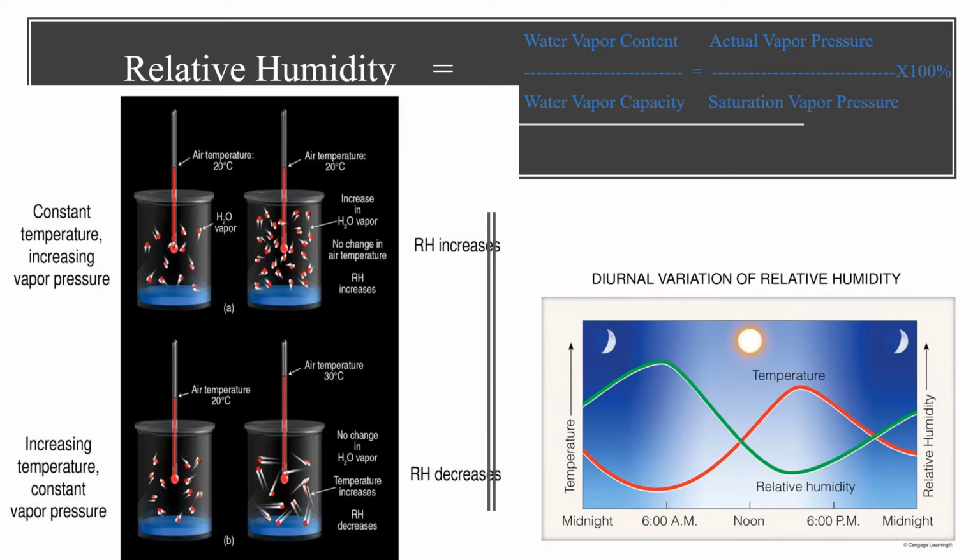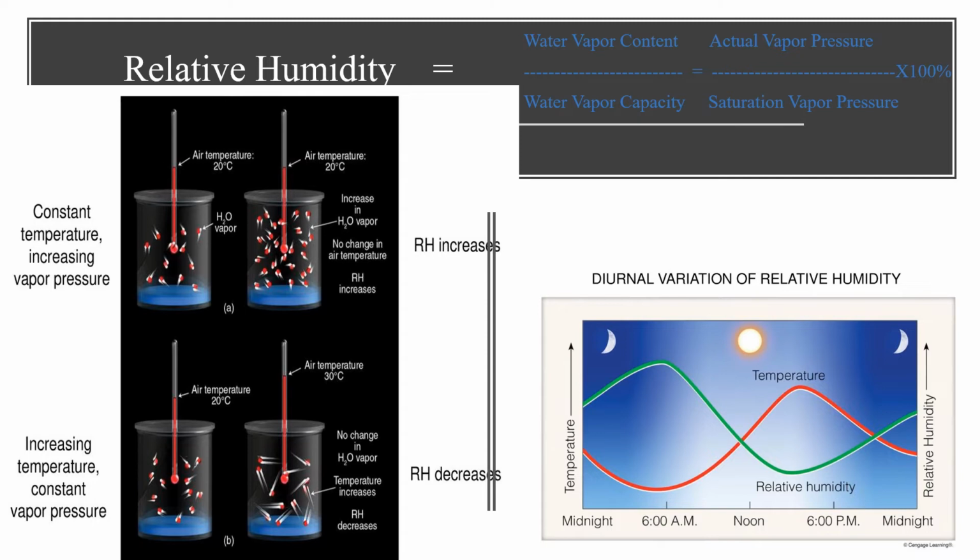So relative humidity is given as a percent. Air with 50% relative humidity actually contains one half of the amount of water vapor required for saturation. Air with 100% relative humidity is said to be saturated because it is filled to capacity with water vapor.